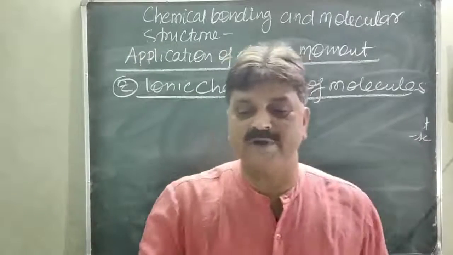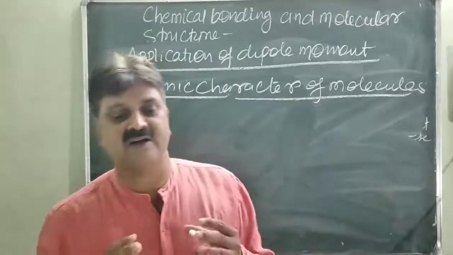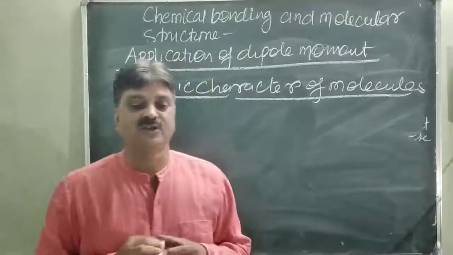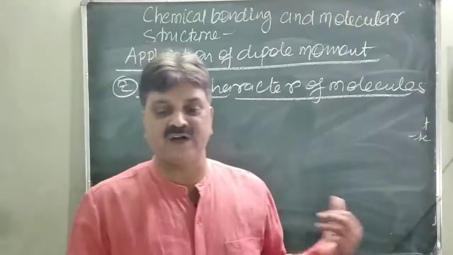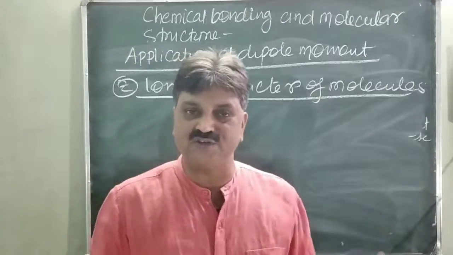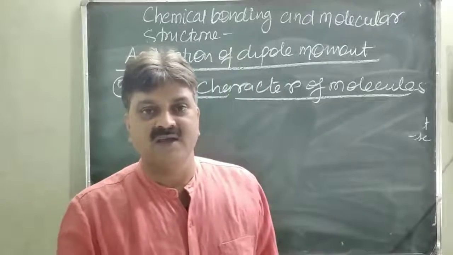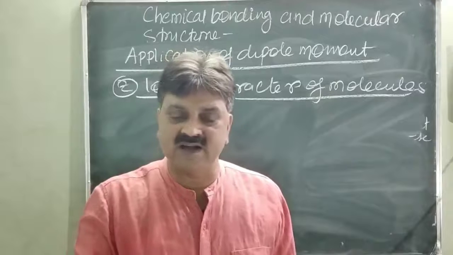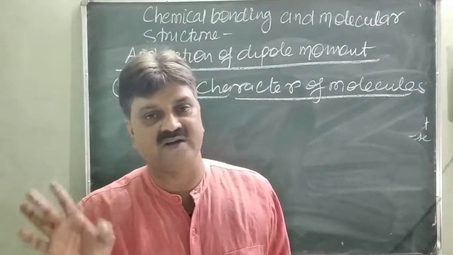The dipole moment value expresses the ionic character of a bond in a molecule. The percentage of ionic character can be expressed by the following ratio: the observed dipole moment upon the calculated dipole moment value considering 100% ionic character, into 100.